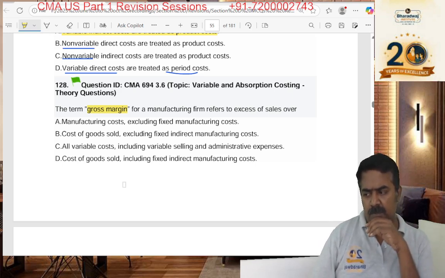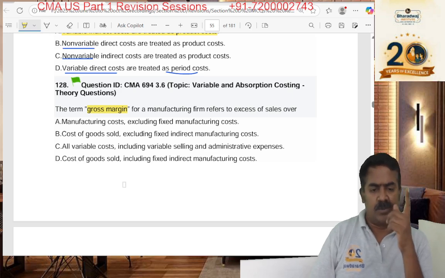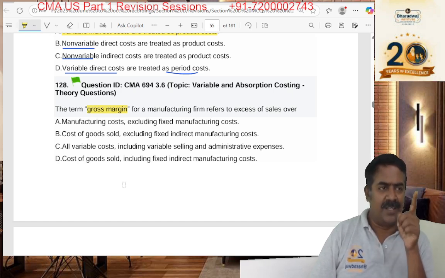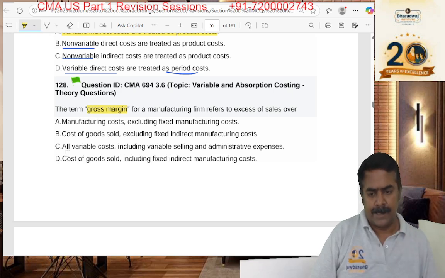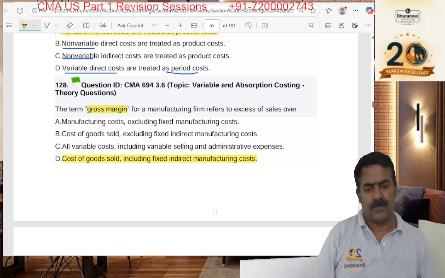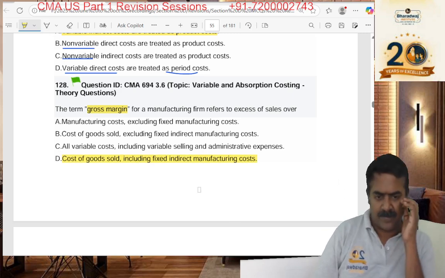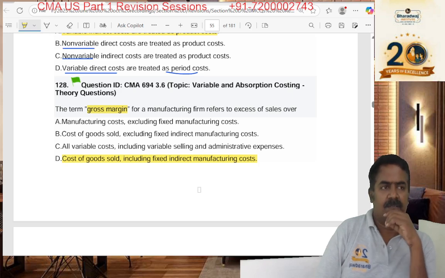What do you mean by gross margin? Do they tell you marginal costing and absorption costing? Sales minus cost of goods sold, we call it gross margin.